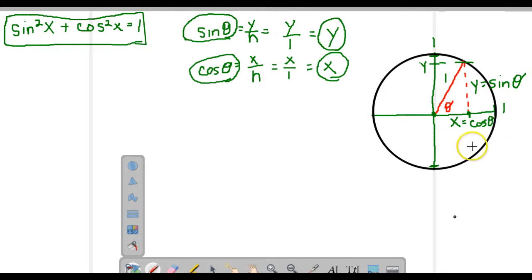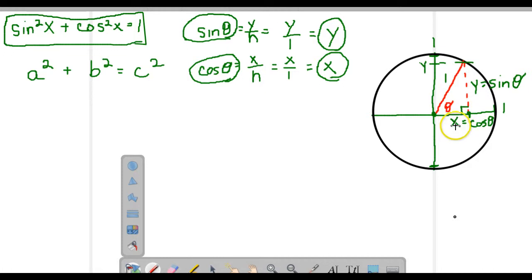Now it's interesting. Now we can write this, because in a right triangle, and we know this is a right triangle, a squared plus b squared equals c squared. So let's just write it. A squared plus b squared equals c squared. What's a?